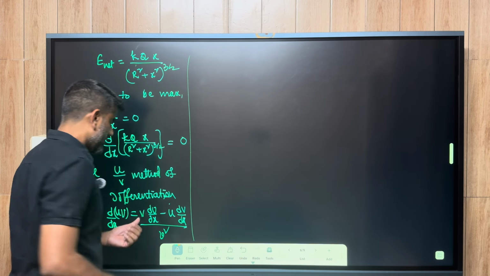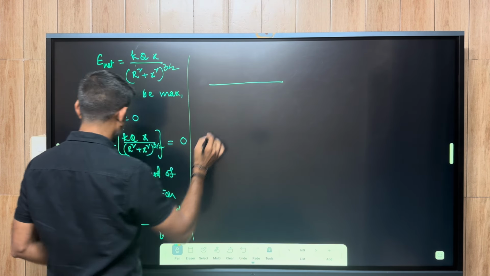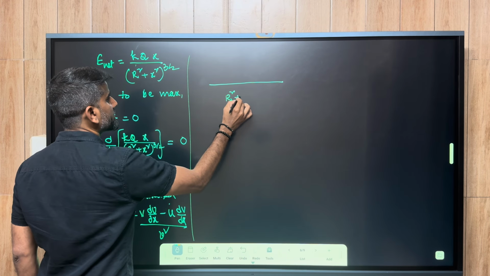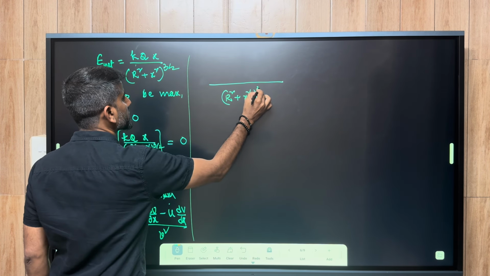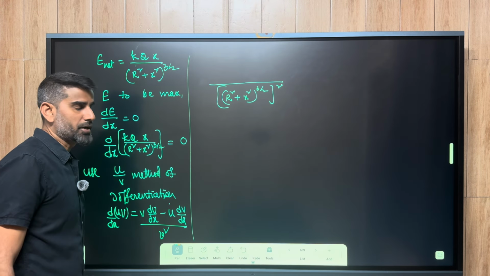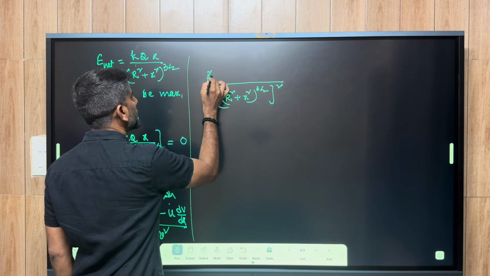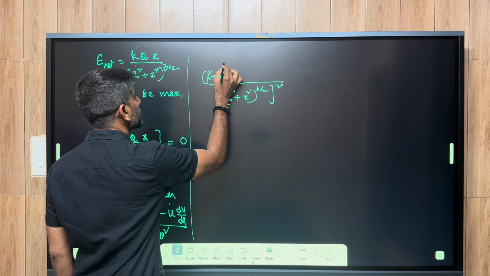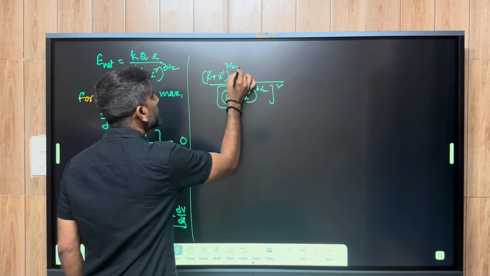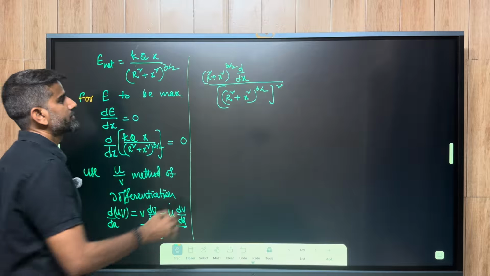Now in the denominator we have v square, so r square plus x square whole to the power 3 by 2, whole square. Keep it as it is. Now v, r square plus x square whole to the power 3 by 2, into d by dx of u. d by dx of u is how much? x.